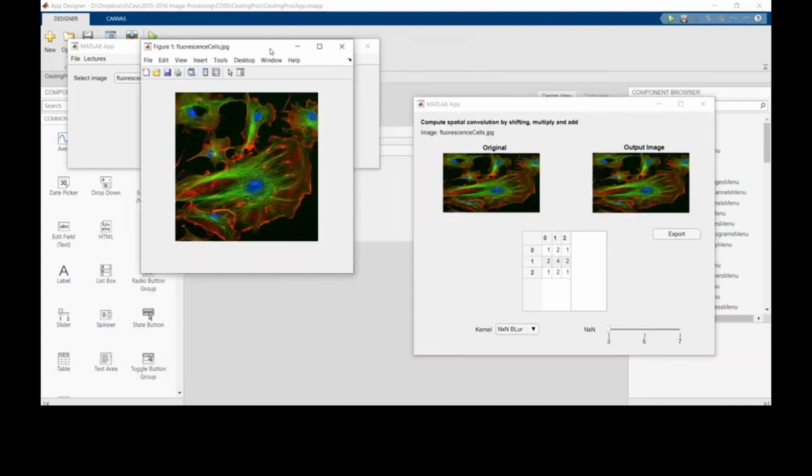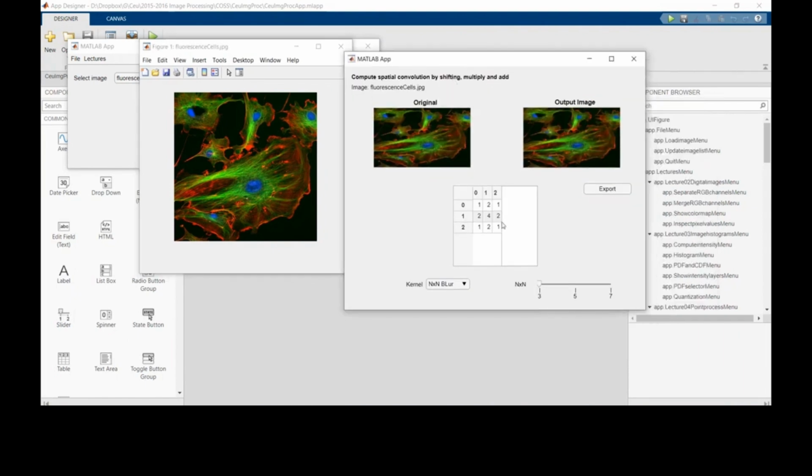So now I have this original image and this kernel. And you see that the kernel is giving more weight to the central pixel and less weight to the surroundings. So it is a kind of weighted average. We can make it bigger and bigger.